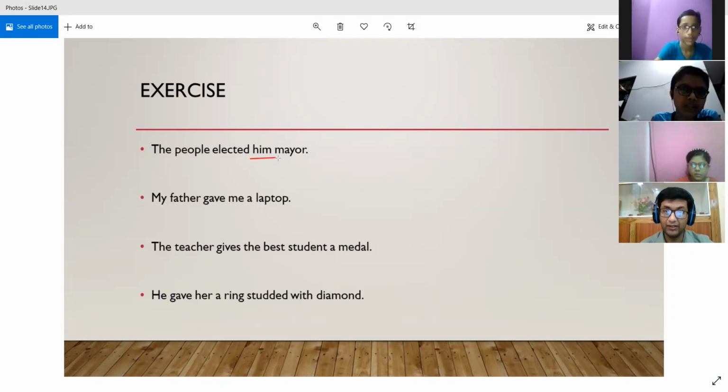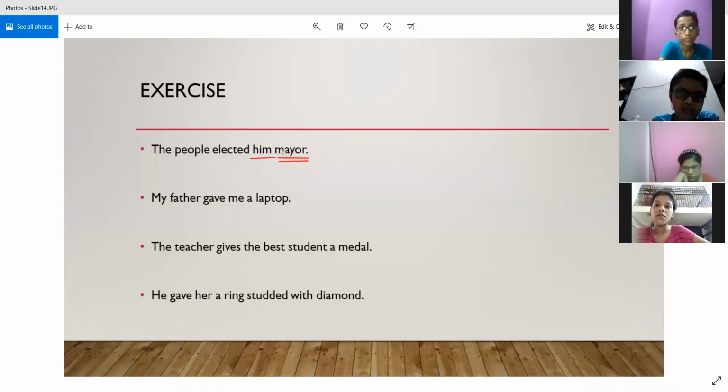And mayor is the complement because him and mayor are the same person. Are you understanding? So this mayor is basically a complement of the object because it is giving more detail about the object him. So the subject is going to be him only because this is the main object. The mayor is just the complement of the object him.